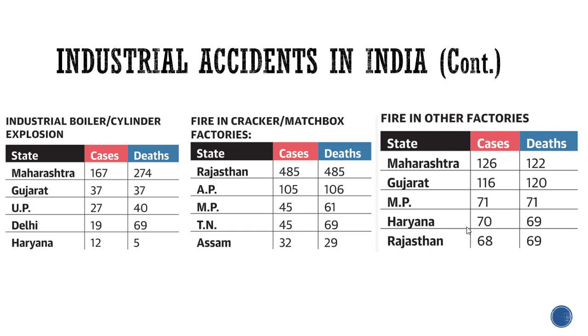In fire in other factories, there also Maharashtra had the most cases reported, and the cases reported in other states you can also see here. In Tamil Nadu, you can see that 45 cases were reported, and 69 deaths happened because of fire which broke out in the cracker as well as matchbox industry.